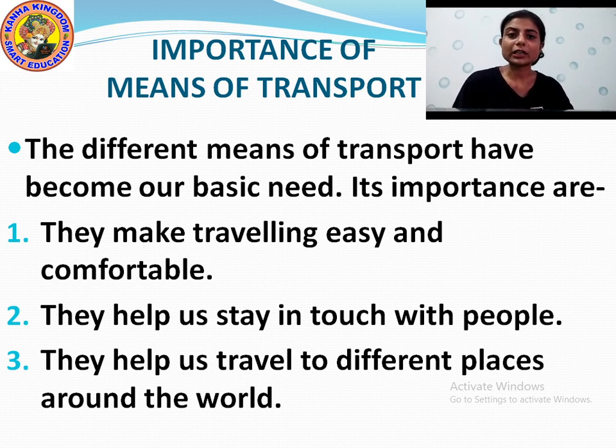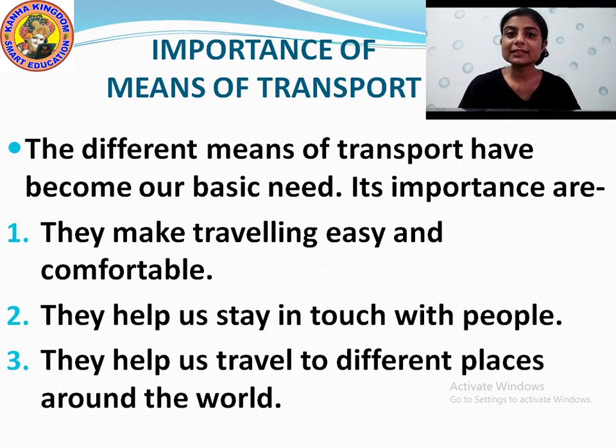Nowadays, everybody uses vehicles to travel from one place to another. Even if they want to go a short distance, they do not go by walking. They use vehicles. And if they want to go to far places, they use different means of transport, whether land transport, air transport or water transport.